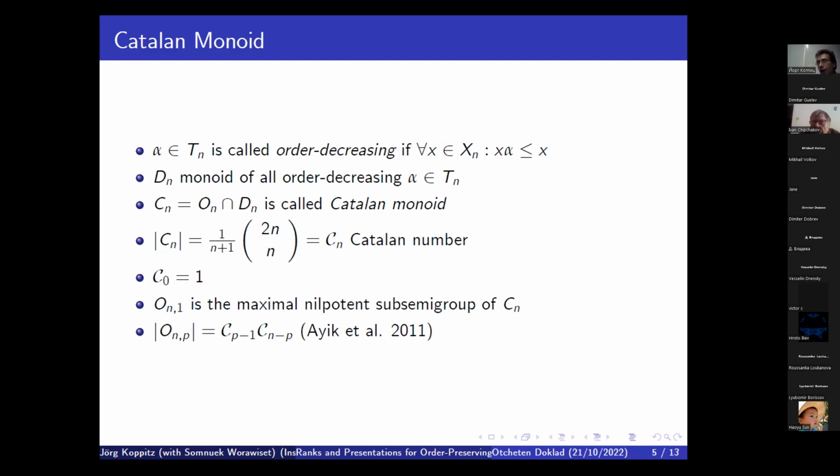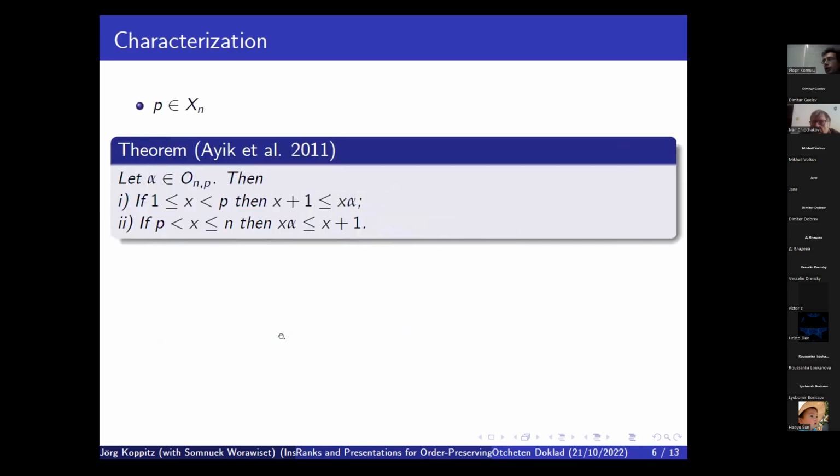It is the product of both Catalan numbers, C_{P-1} and C_{N-P}. And this semigroup O_N,P, that means all order-preserving transformations where P is the only fixed point, has the following characterization.